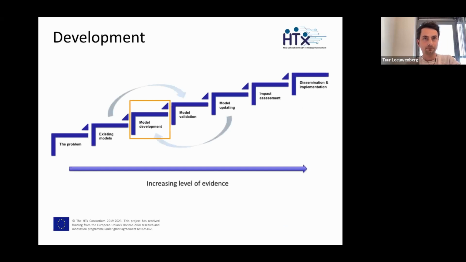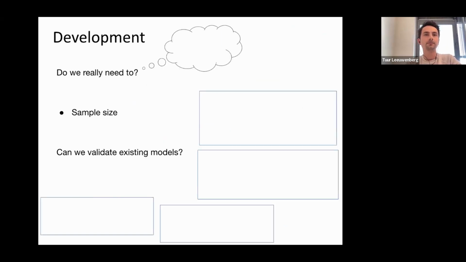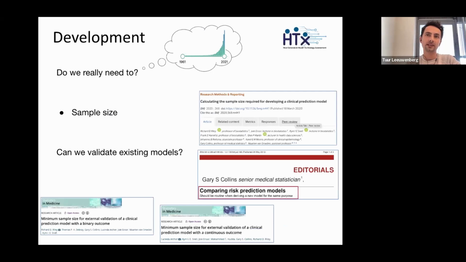But then if there is no existing model, then you can immediately start model development. But then again, you would really want to check, do I really need to?